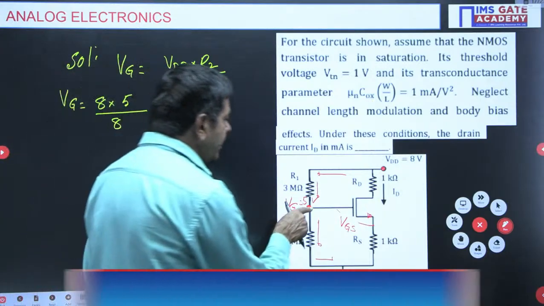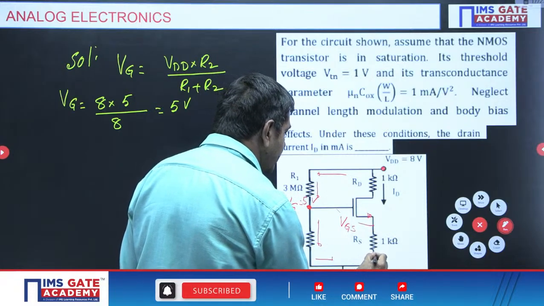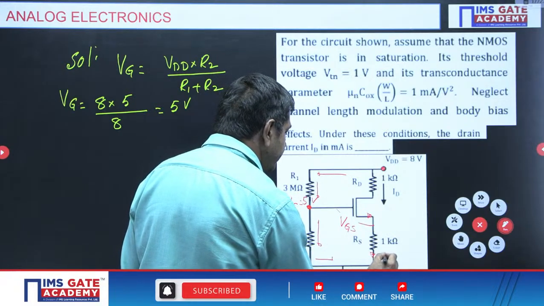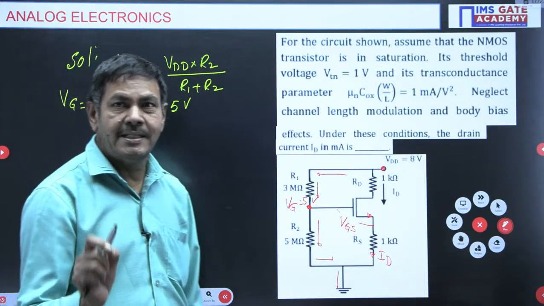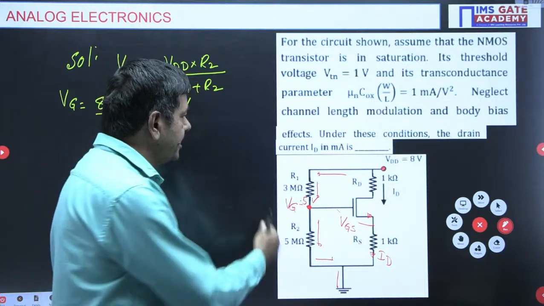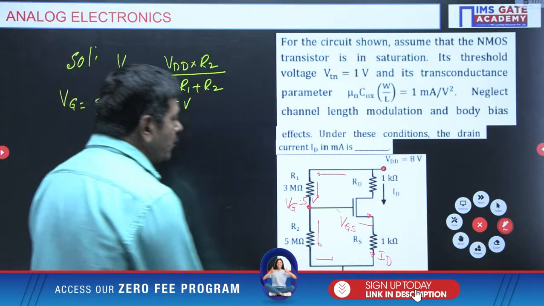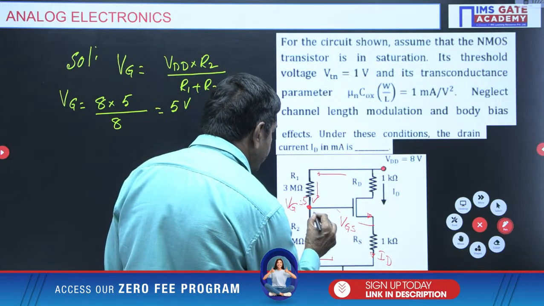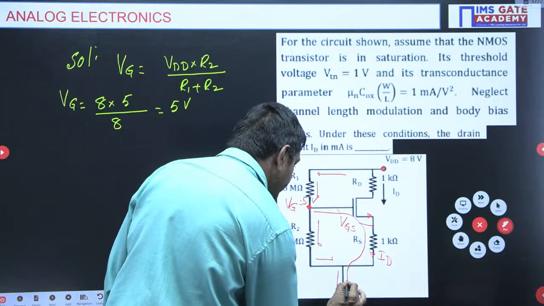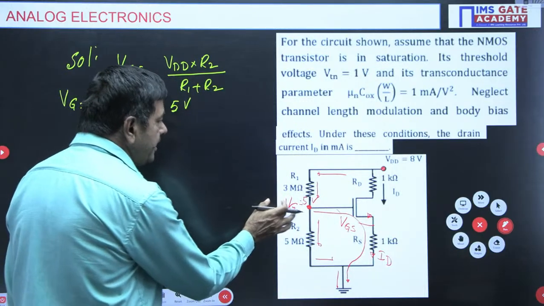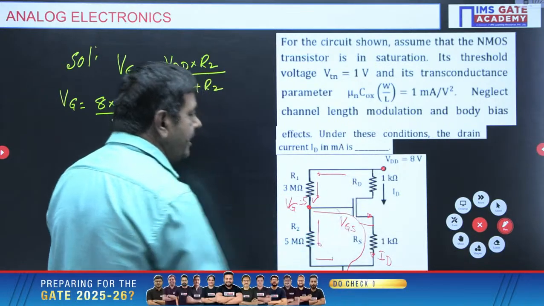If gate current is approximately 0, then this current is also ID. This problem requires the ID value under DC analysis. All are DC parameters only. I want to apply KVL in this path. VG equals VGS plus ID into 1K.